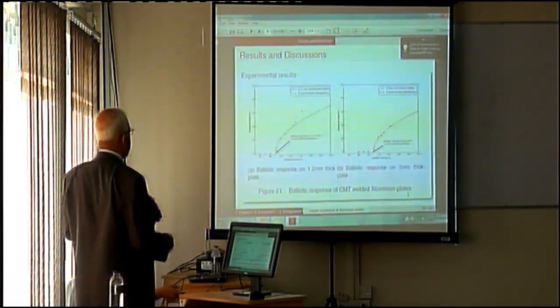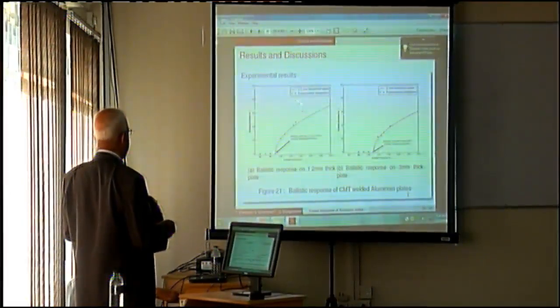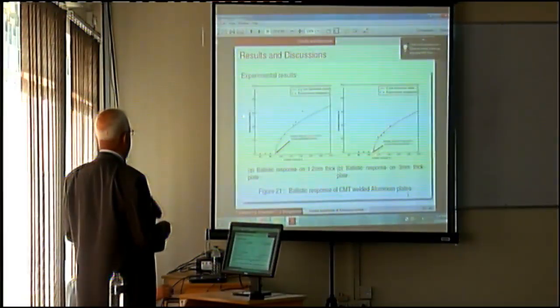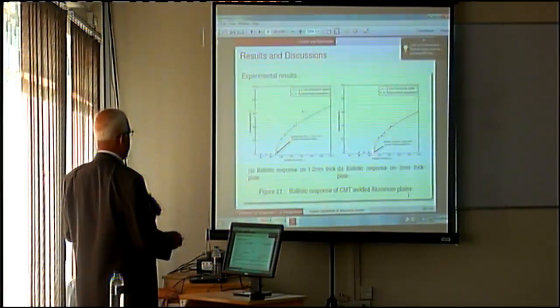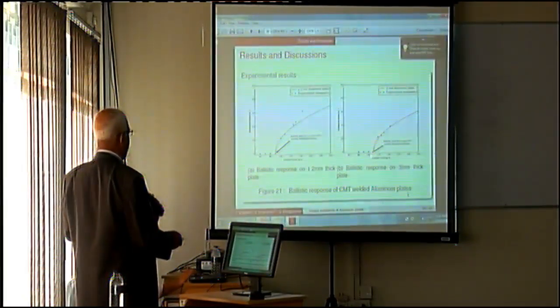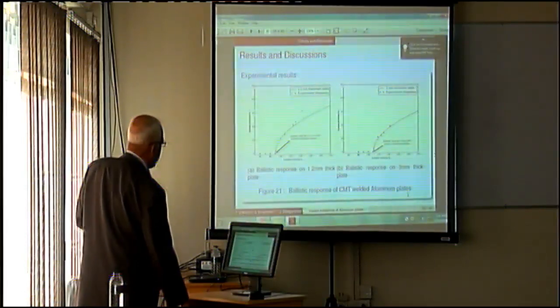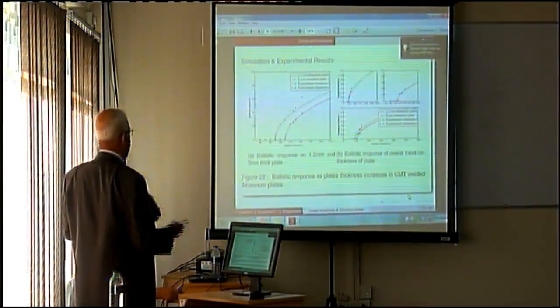And this is the residual velocity and the ballistic velocity. Whatever the safe limit is, we consider the limiting velocity possible without much problem. So we use specimens prepared by the CMT method, and this is for 3 mm and 1.2 mm.